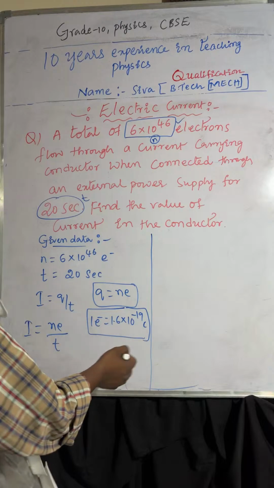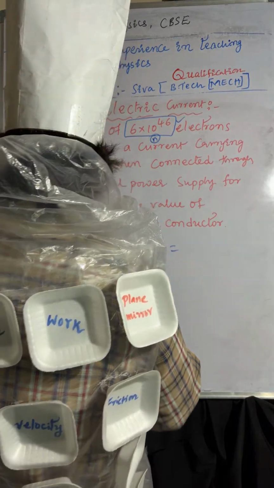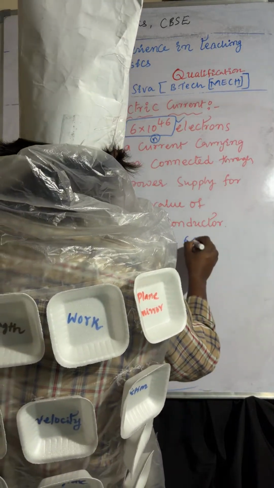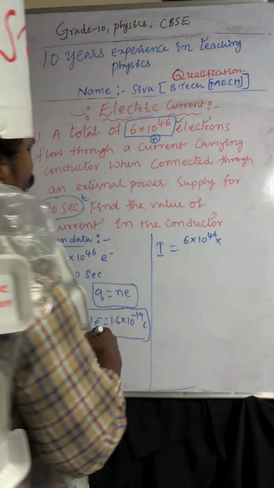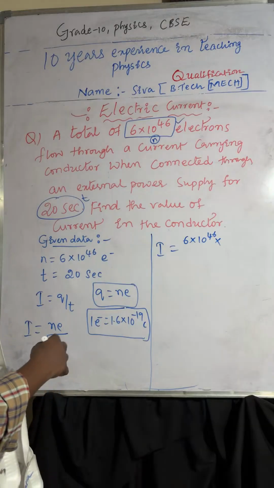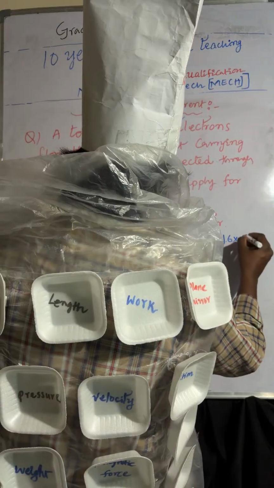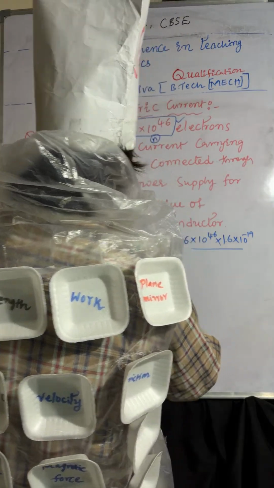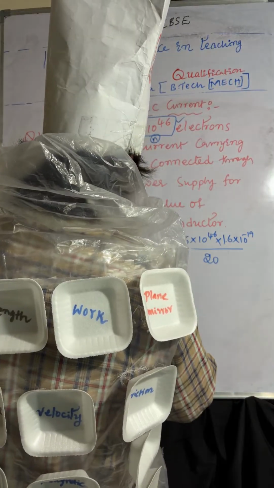Now we have all the values, so substitute the values. I equal to N, how much? 6 into 10 power 46, into e, how much? 1.6 into 10 power minus 19 coulomb, by time, how much? 20 seconds.